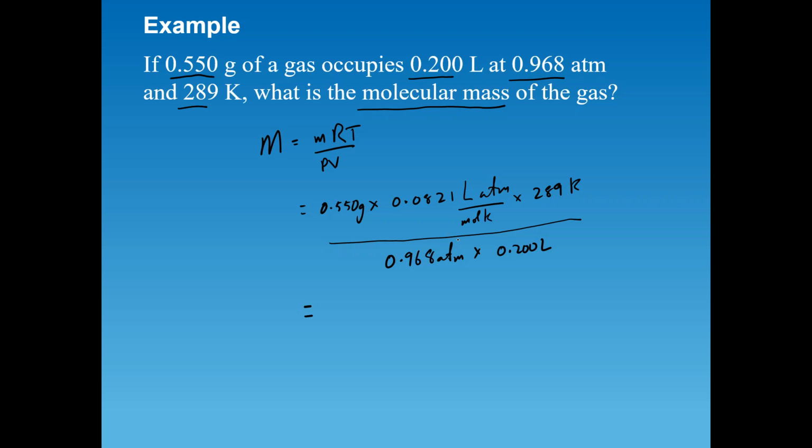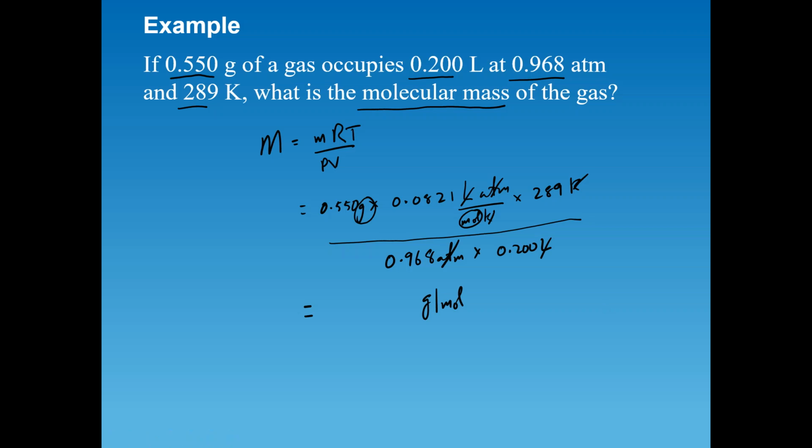In this particular case, the atmospheres will cancel out here and here, the Kelvin will cancel out here and here, the liters will cancel out here and here, and whatever answer you get will be expressed in grams per mole, which of course would be the units of molar mass. And all we have to do from here is number crunching.